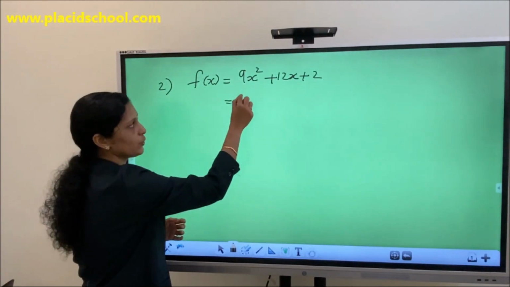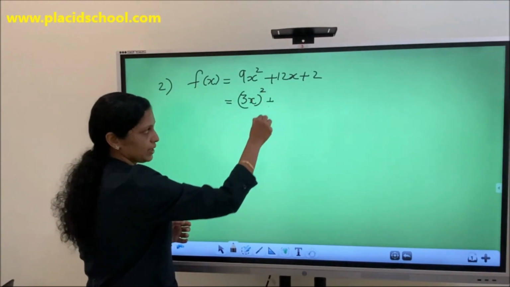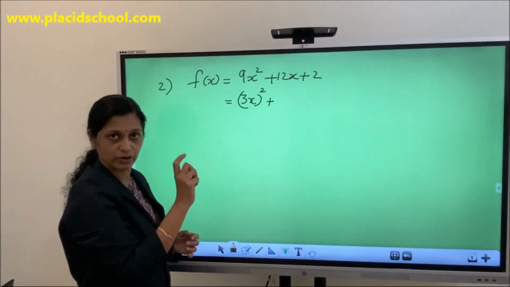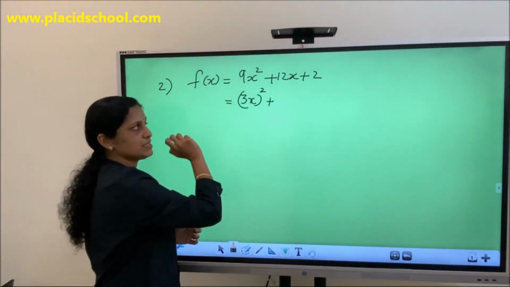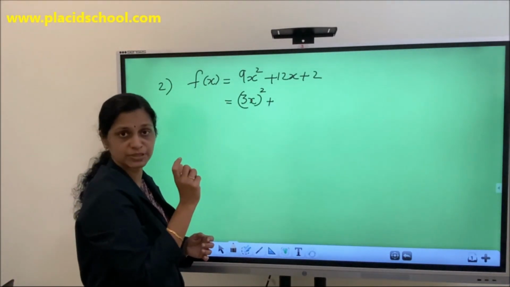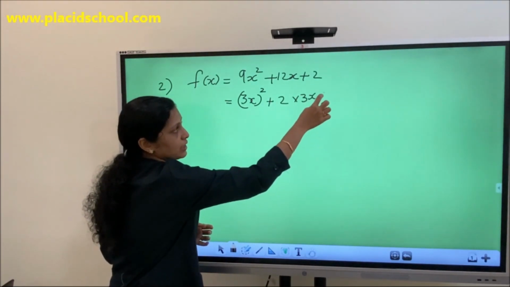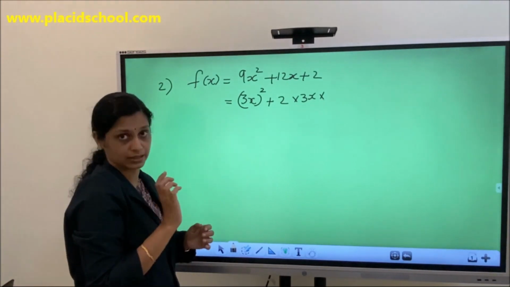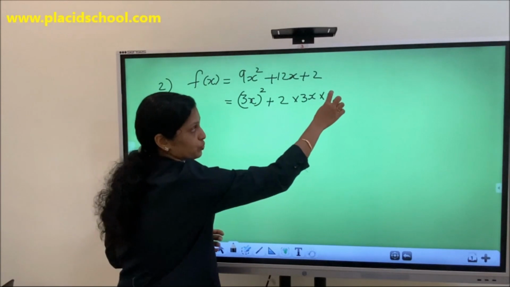We know that 9x square is the square of 3x, the whole square, plus the middle term 12x. I am using the expansion of a plus b the whole square. First term is a square plus second term is 2ab. Therefore a is 3x, and for getting 12x, b should be 2.